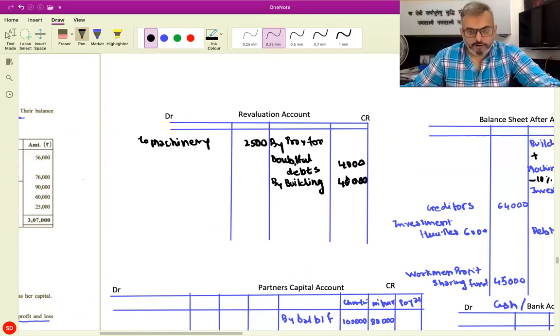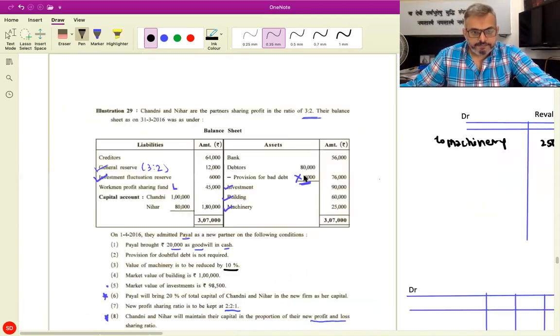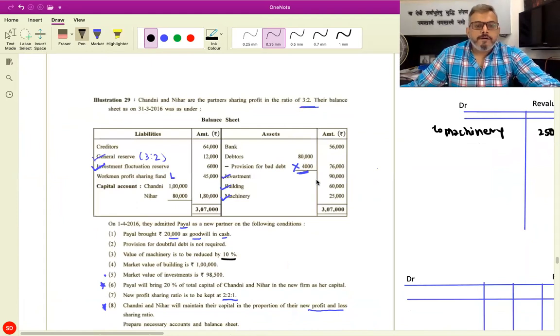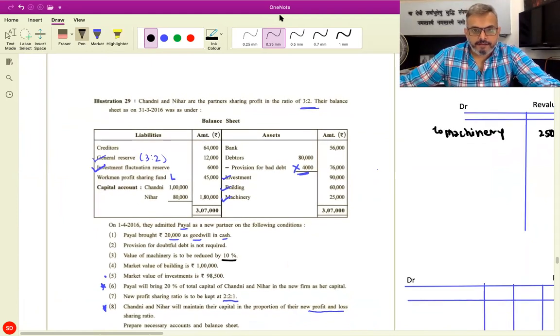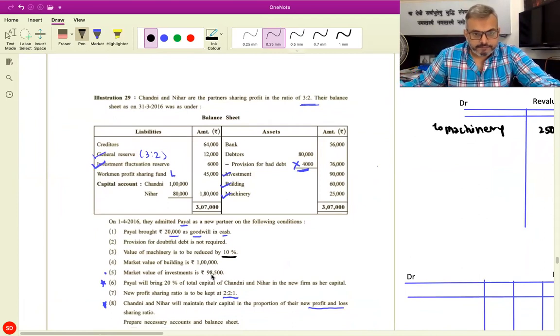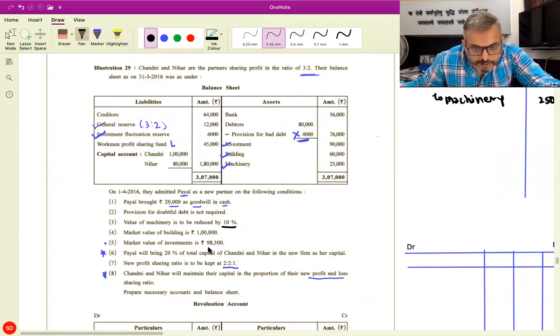By building 40,000. Market value of investment is 1 lakh. Sorry, market value of investment is 98,500. Now we go to investment, working note 2.